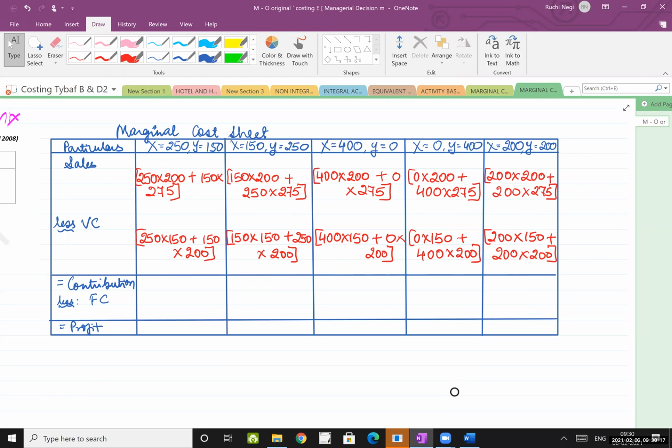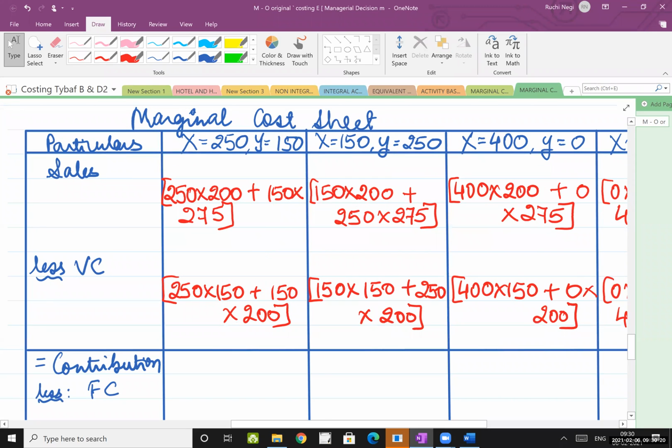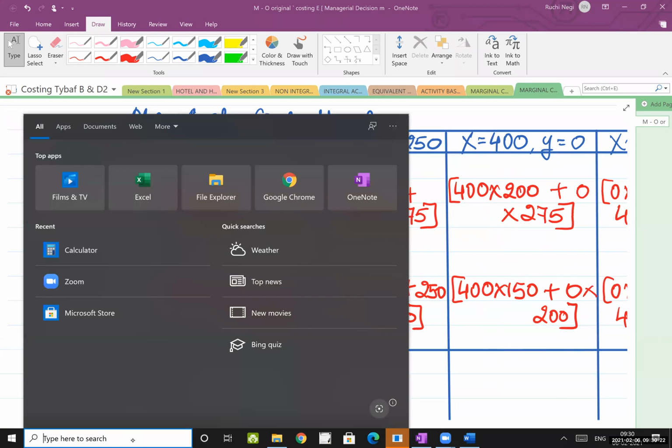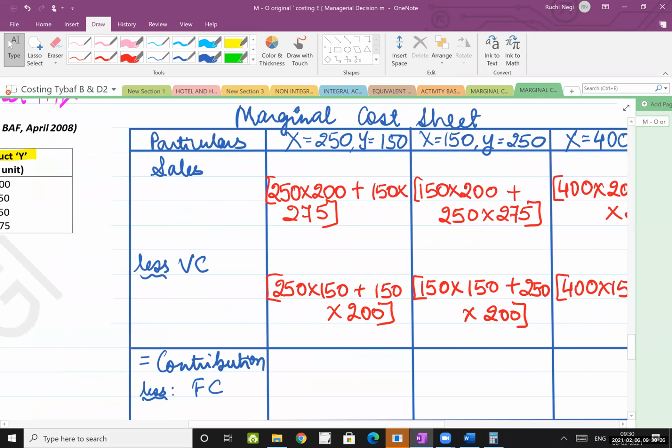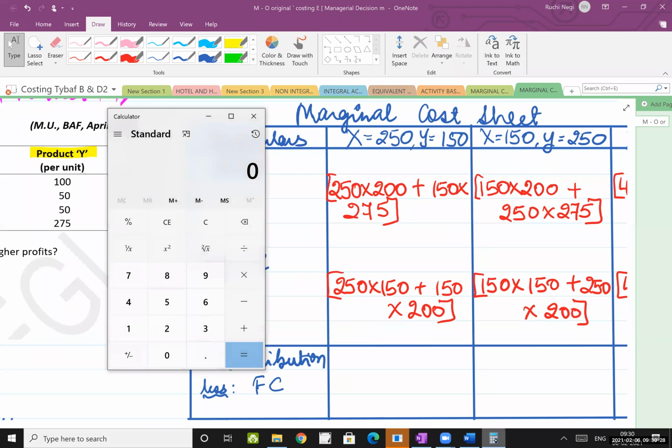Okay, now solve it. 250 into 200 is 50,000. Then 150 into 275, 41,250.